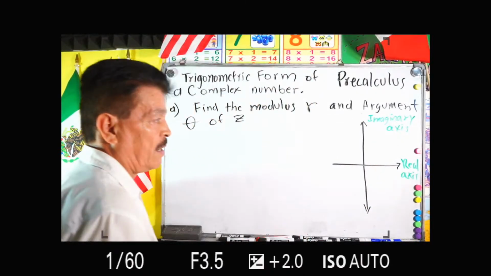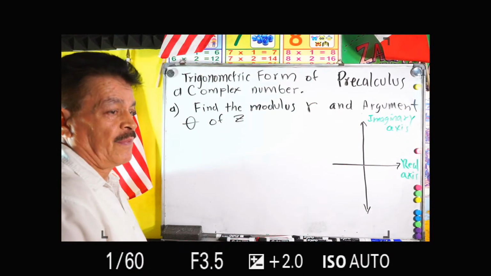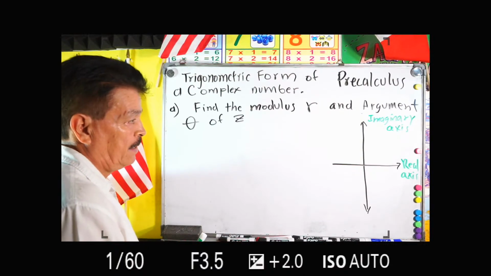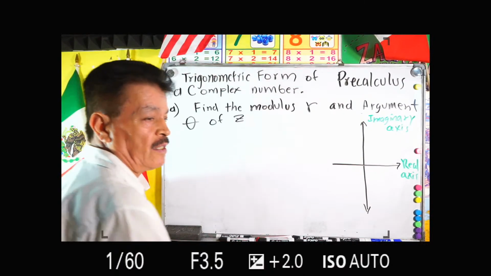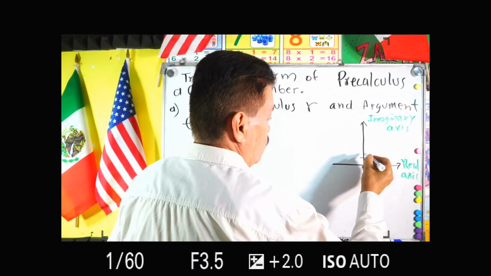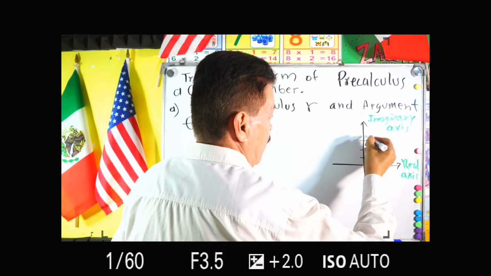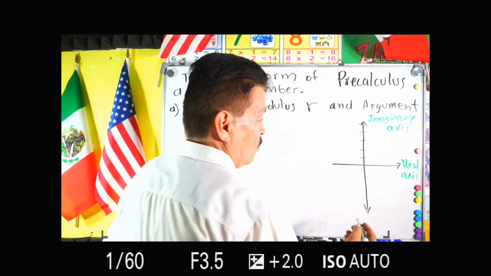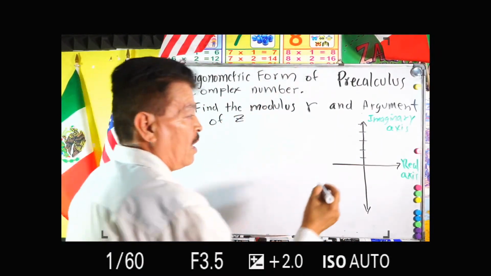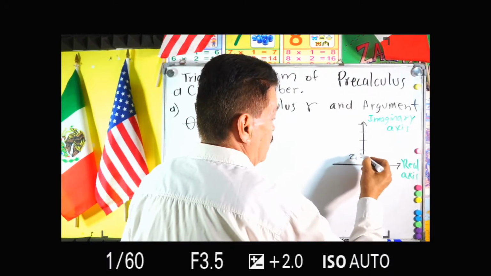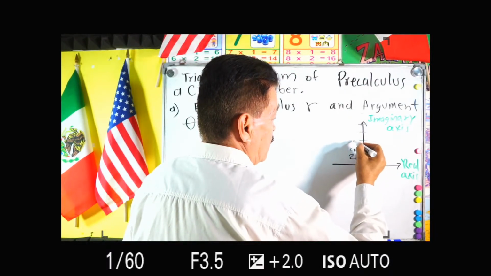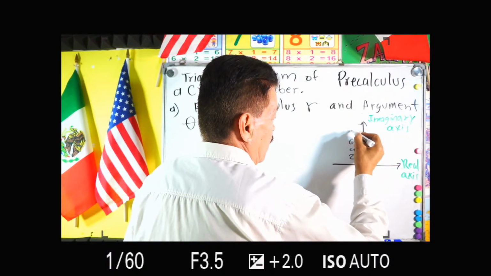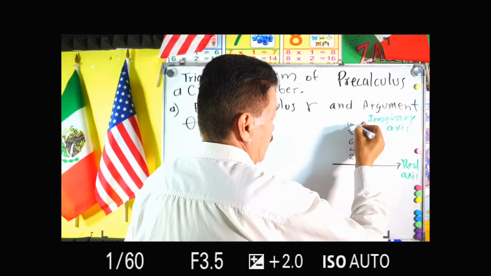Okay, so let's write some points here to show you. It's 2, 4, 6, 8, 10. So each one is going to be 2. I mean 2i, 4i, 6i, 8i, and 10i.